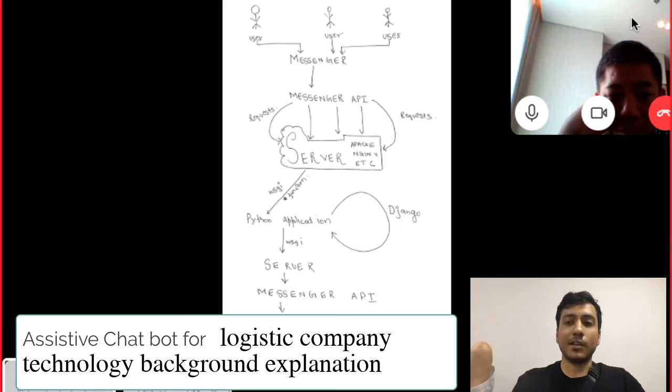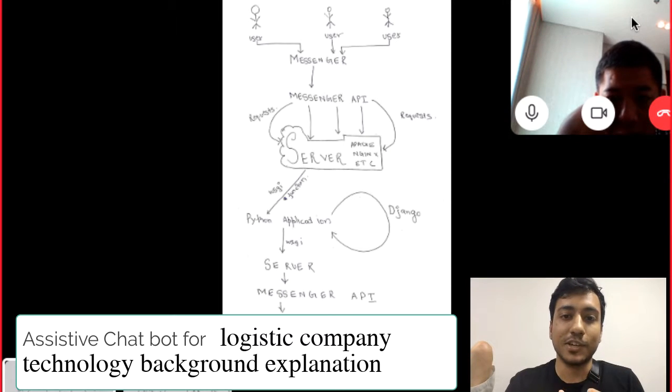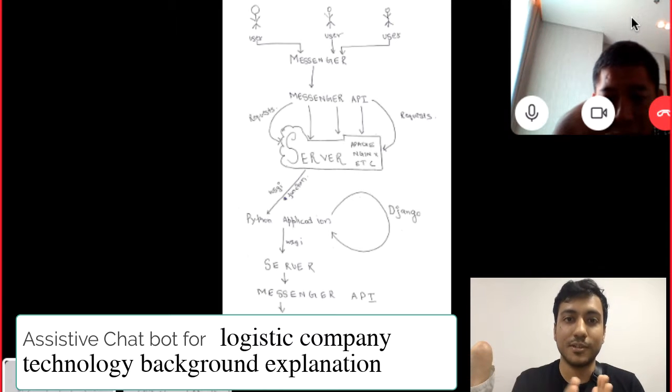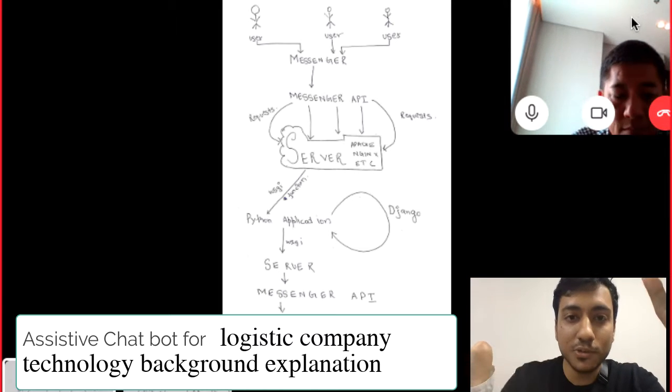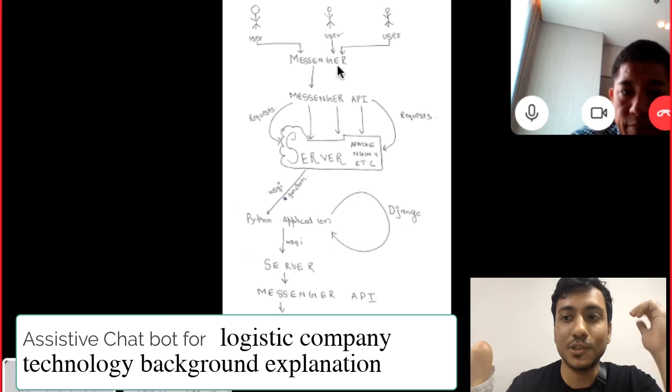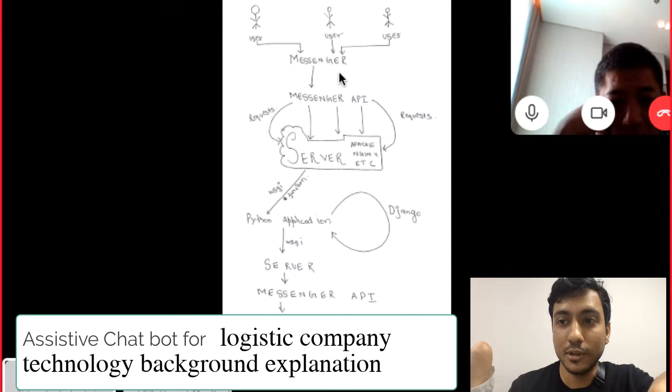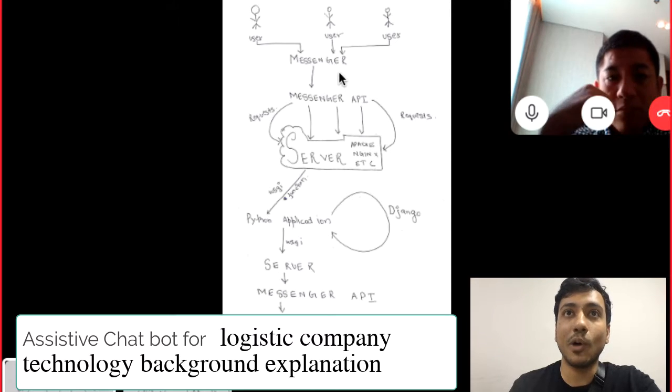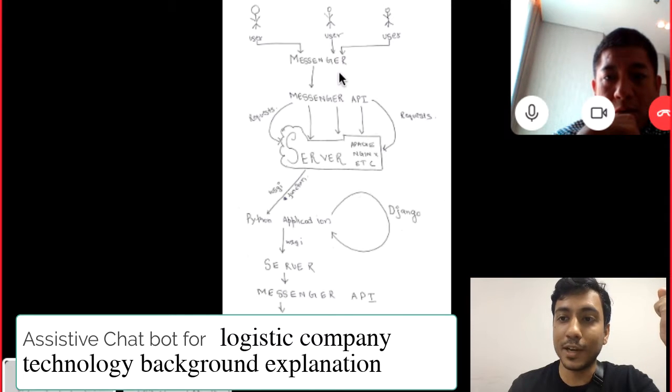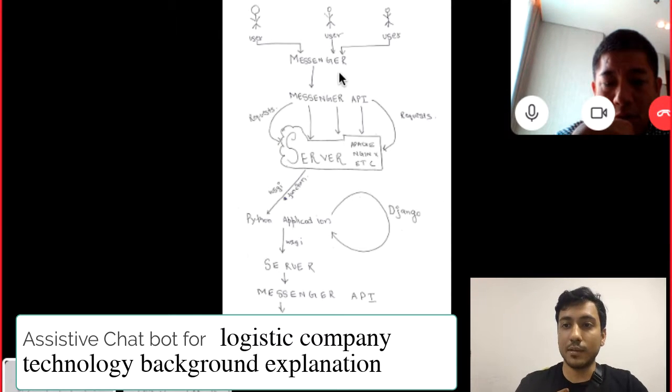So it is a very naive explanation of how this chatbot works and what technology it uses. First of all, a user sends a message on Messenger. Then Facebook Messenger has a very well documented dedicated API which developers like me can use to make chatbots.